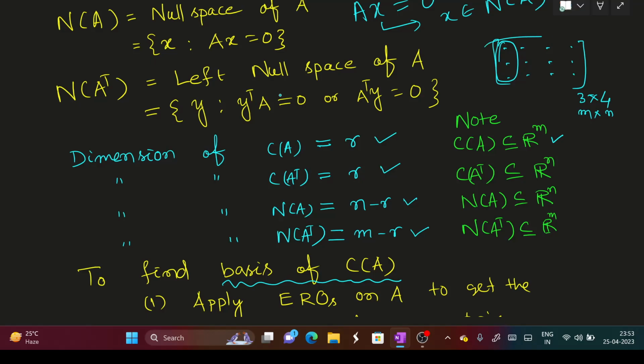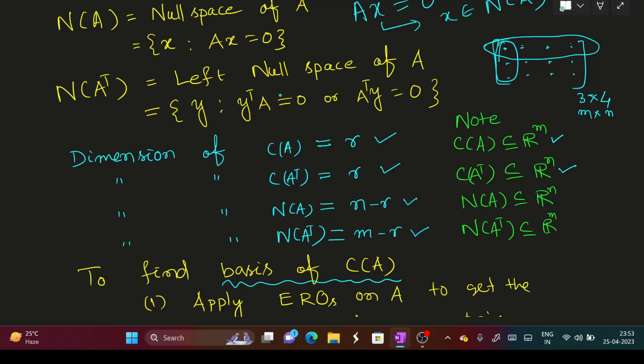Similarly, each row vector is a subset of R to the power n, because n components are there. That is, the number of columns is the same as the number of components in a row vector. So it is a subset of R to the power n.